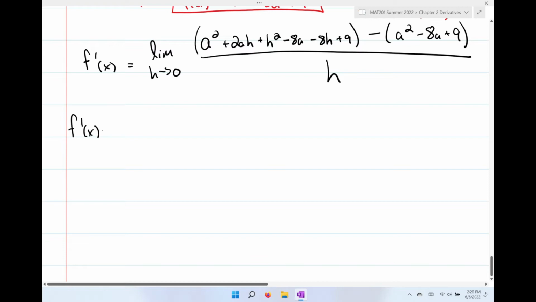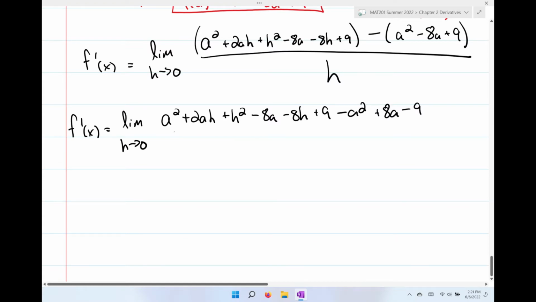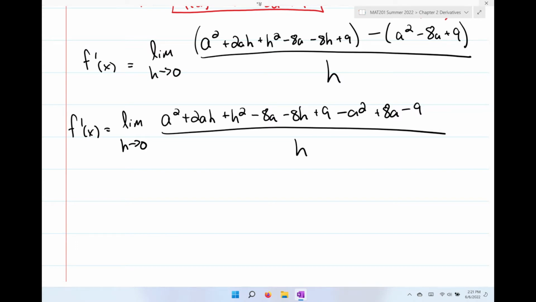f prime of x equals the limit as h goes to 0. I'm going to rewrite it and distribute first: a to the second plus 2ah plus h to the second minus 8a minus 8h plus 9 minus a squared plus 8a minus 9, all over h. As you can see, there's positive a squared and minus a squared; they cancel themselves out.